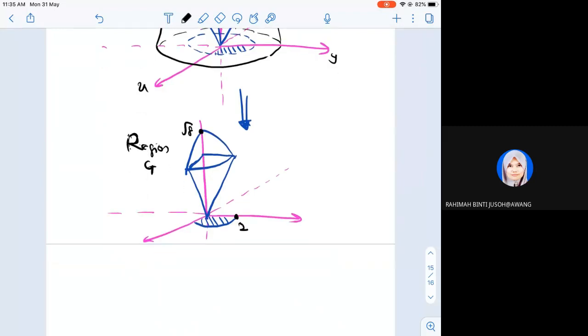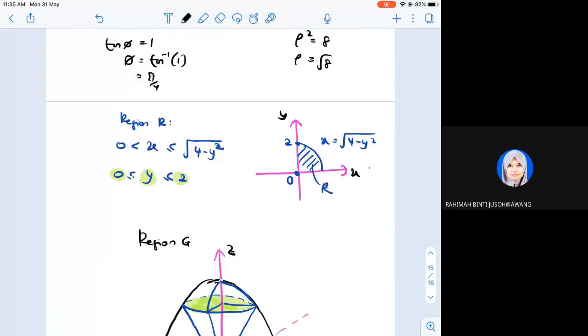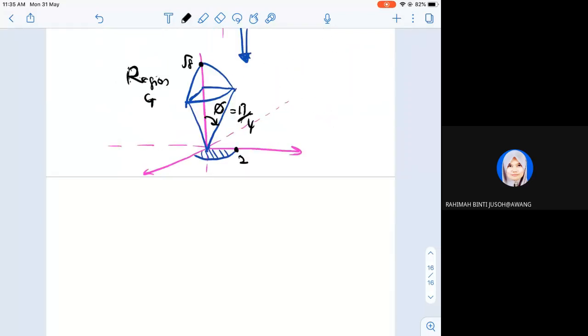Right, and then the phi from here to here, phi should be pi over 4. Okay, and then theta from 0 until theta equals to 0, and then up here theta until pi over 2 only lah. Okay, so we will have integration like this.